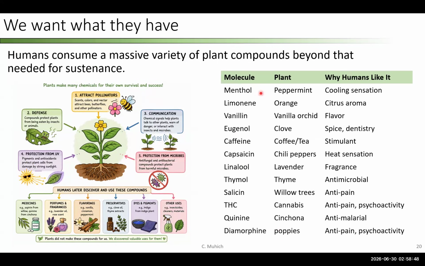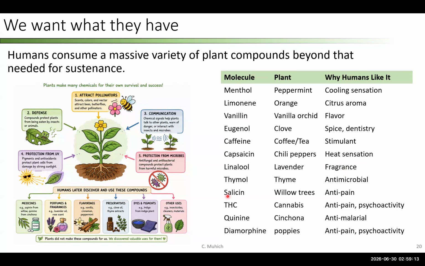Right? And so, just to give a wide variety of some of the molecules and plants, and why we like them, we've talked a lot about menthol. So, this comes from peppermint. We like it because it has a cooling sensation. Right? We like caffeine, which comes from coffee and tea, because it's a stimulant. We like linalool, which comes from lavender because of its smell.